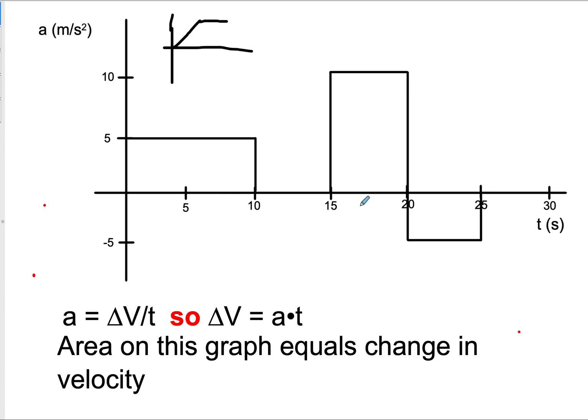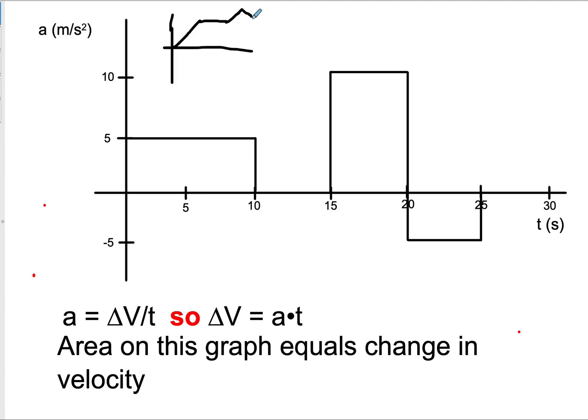And then it's constantly increasing. From 25 to 30, the exact same thing is happening. On my v versus t graph, this would be from 0 to 10, this from 10 to 15, and let's say this is 15 to 20. It's speeding up. Then from 20 to 25, it's slowing down.